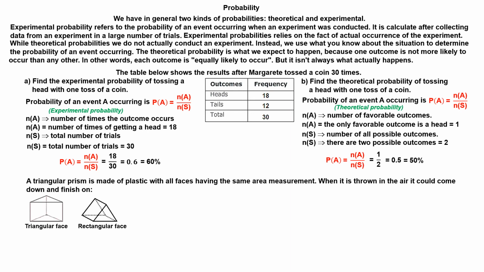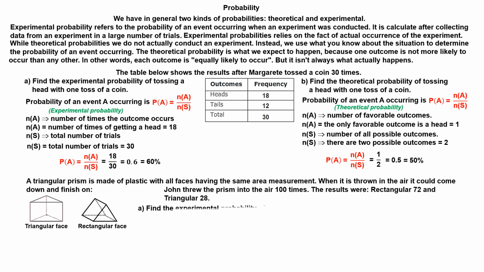John threw the prism into the air 100 times. The results were rectangular 72 and triangular 28. Find the experimental probability of the prism ending up on a triangular face.